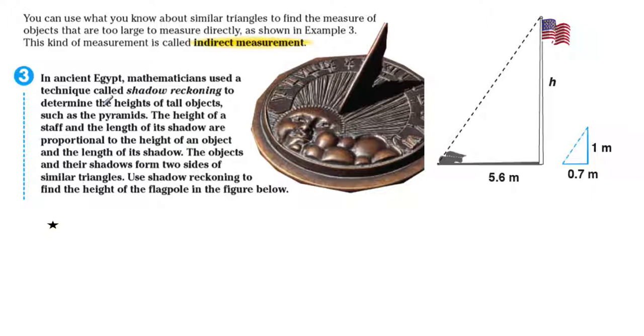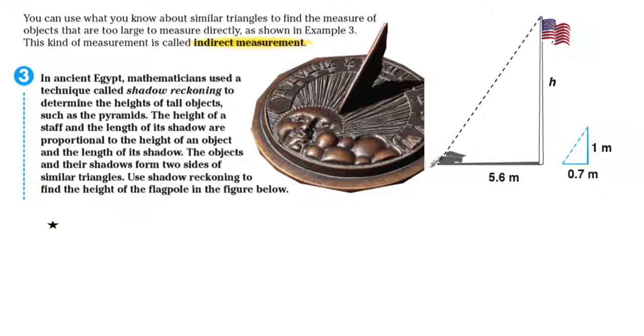In ancient Egypt, mathematicians used a technique called shadow reckoning to determine the height of tall objects such as pyramids. The height of the staff and the length of a shadow are proportional to the height of an object and the length of its shadow. The objects and their shadows form two sides of similar triangles. Use shadow reckoning to find the height of a flagpole in the figure below.